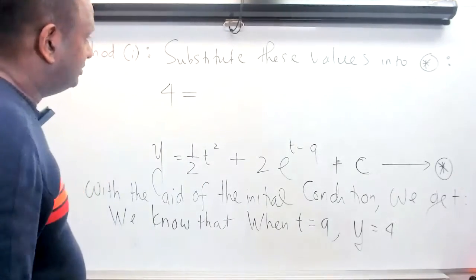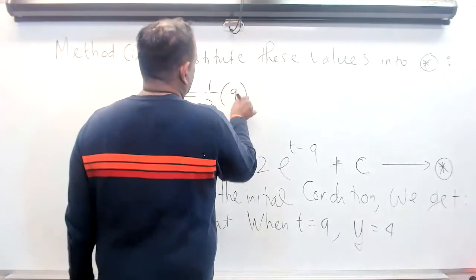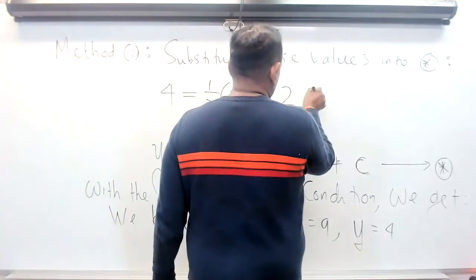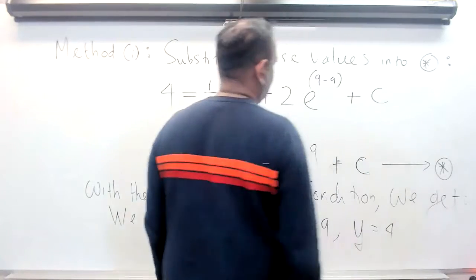Half of 9 squared, plus 2e to the 9 minus 9, plus c.